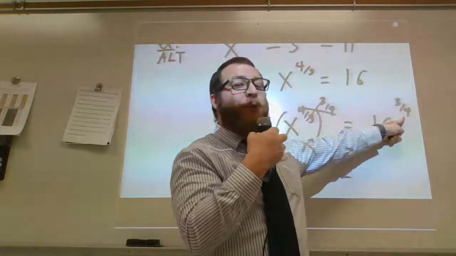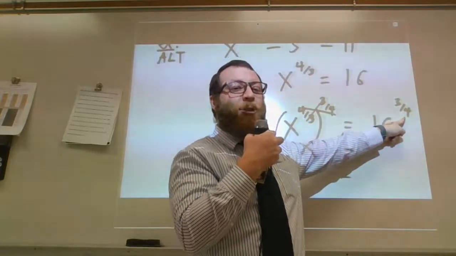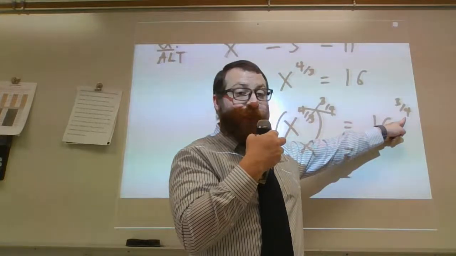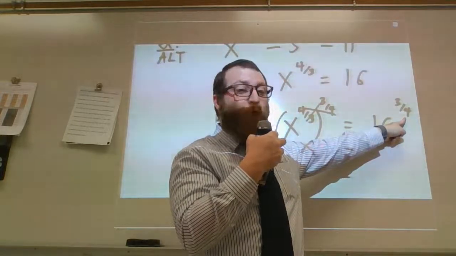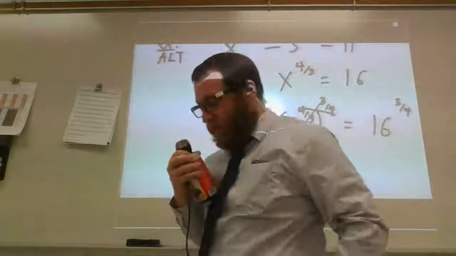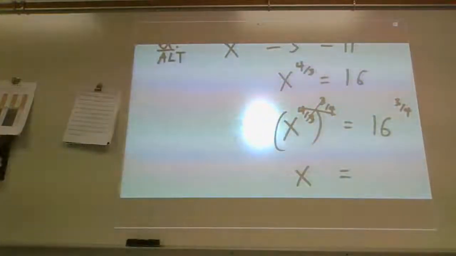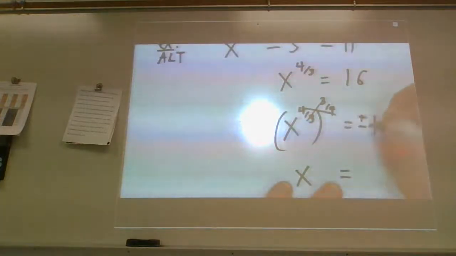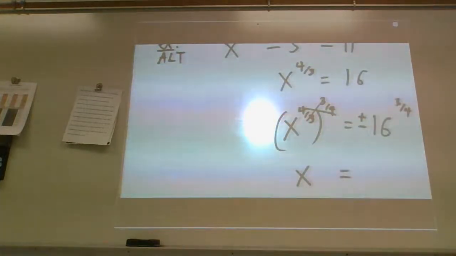When you introduced this fraction, you introduced an even root to the problem. And by introducing that even root to the problem, you need a plus or minus to account for it. You absolutely do.